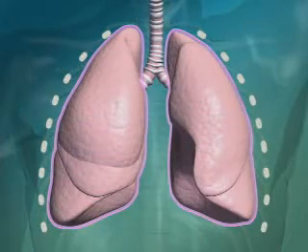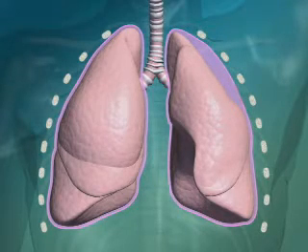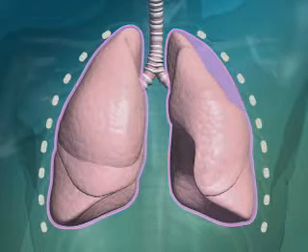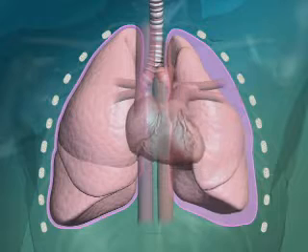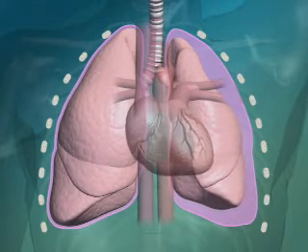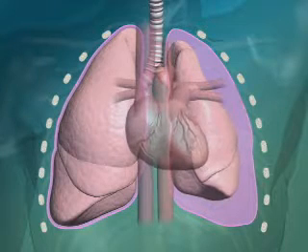In a pneumothorax, air enters the space between the parietal and visceral pleurae, destroys the negative pressure that holds the pleurae together, and prevents normal ventilation. If air continues to enter the pleural space during inspiration and can't escape through the break in the pleura during expiration, a pneumothorax can become a tension pneumothorax.